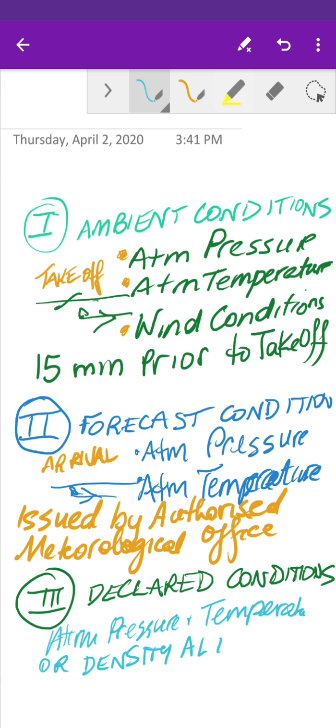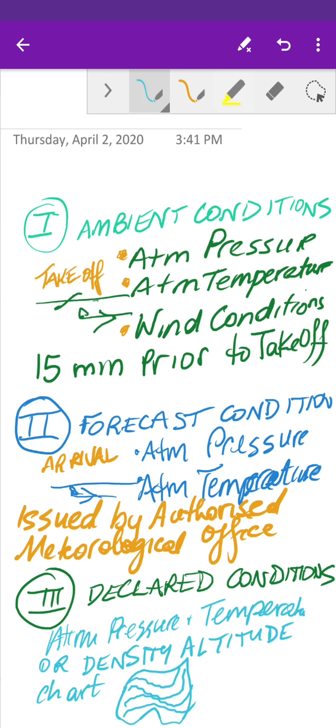Sometimes what you will find is there's a density altitude chart, and they put out a chart for different seasons because the density altitude changes based on the temperature for the season. So they take the average temperature for that season and come up with a chart where they publish lines, and each line represents a particular density altitude for that season.